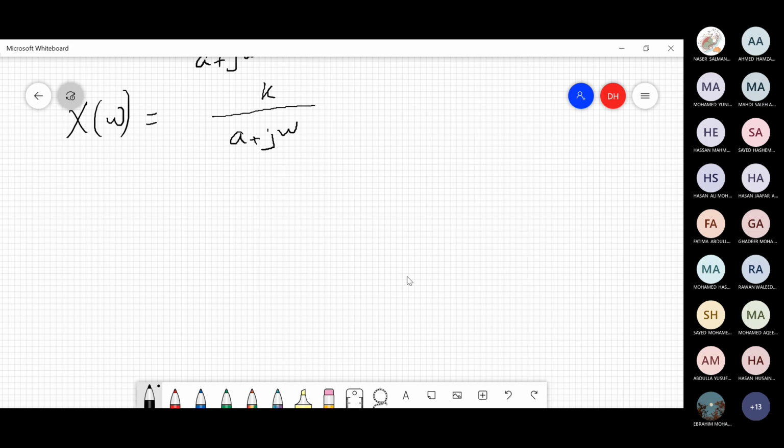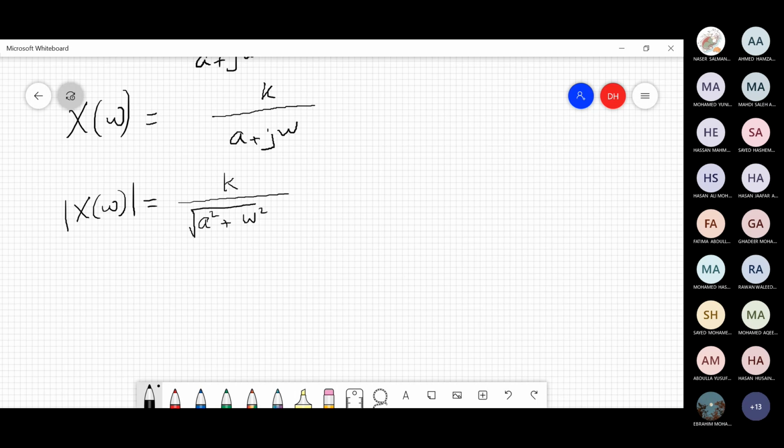Okay. If we want to plot the spectrum, the magnitude spectrum, the magnitude of X of omega is equal to the magnitude of K, which is K, and the magnitude of this one is the square root of A squared plus omega squared.